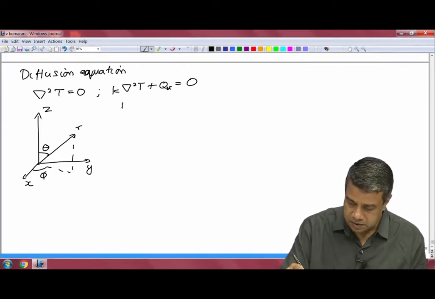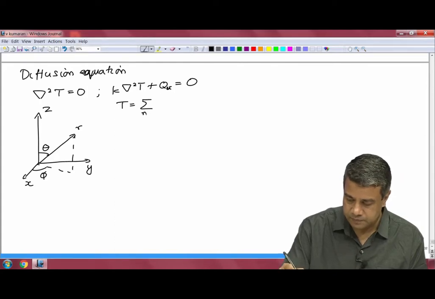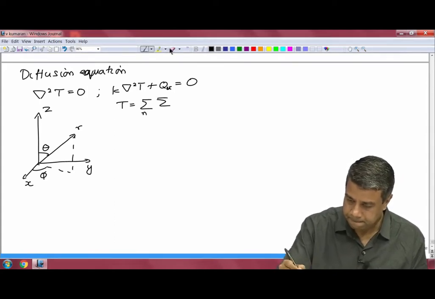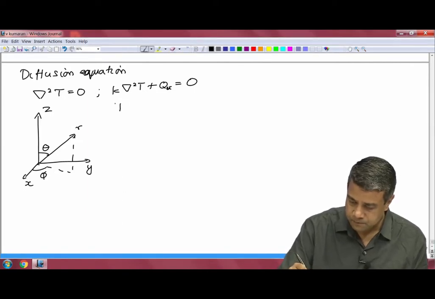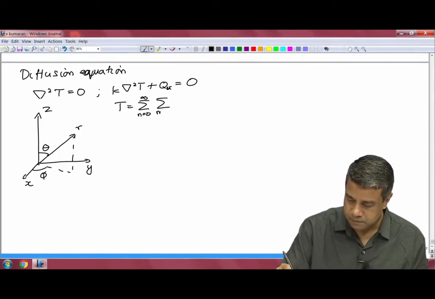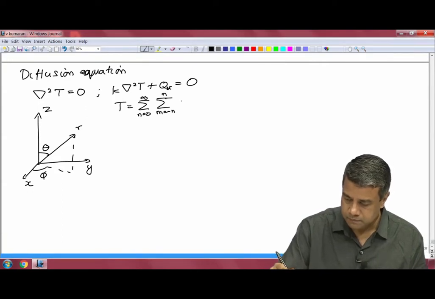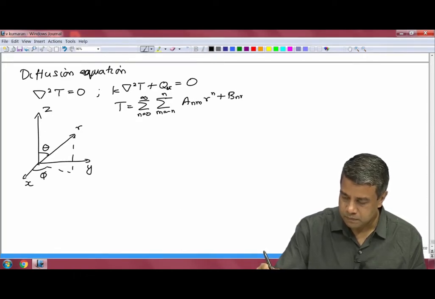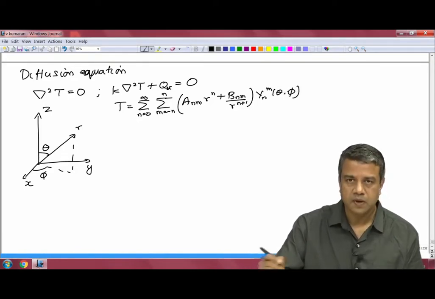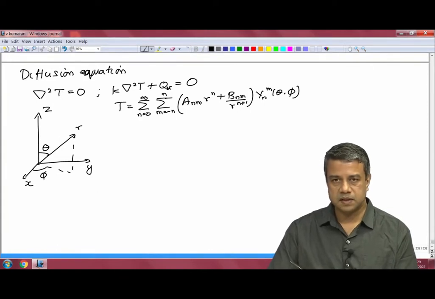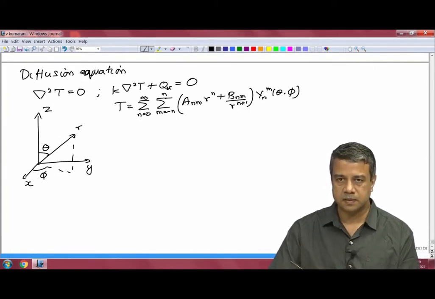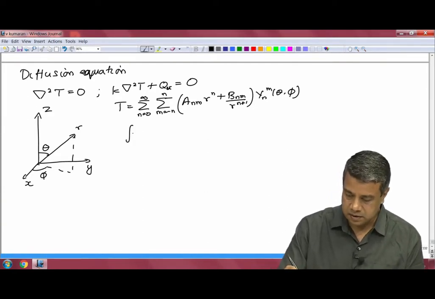If you recall, T is equal to a sum over the terms in this expansion, the orthogonal functions, the spherical harmonics, which are all orthogonal to each other.